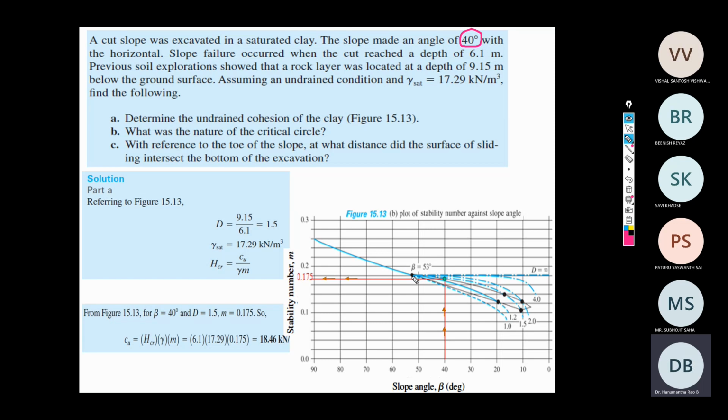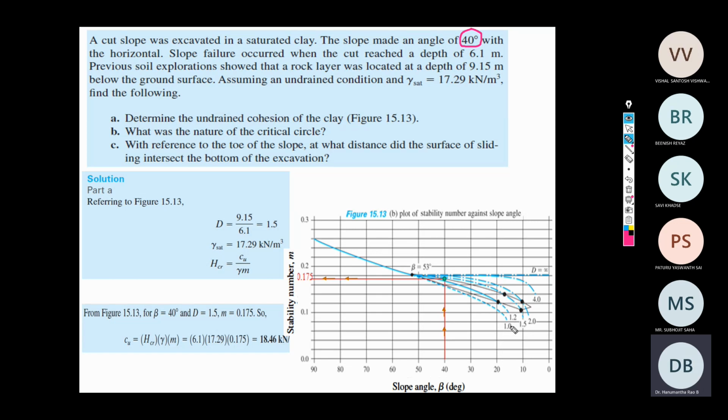We do not know. And if you notice this figure 15.13, when beta is less than 53, there are several predefined graphs for different values of D. D is equal to infinity, 4, 2, 1.5, 1.2, 1.